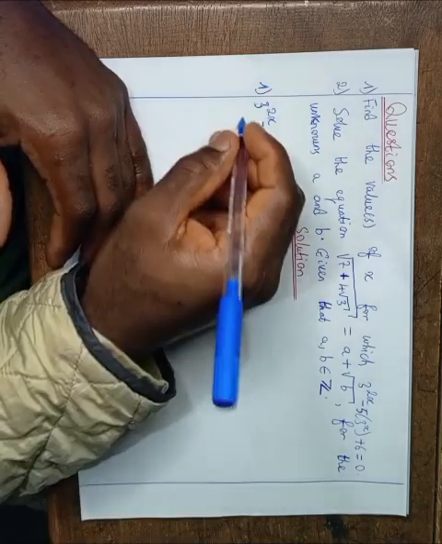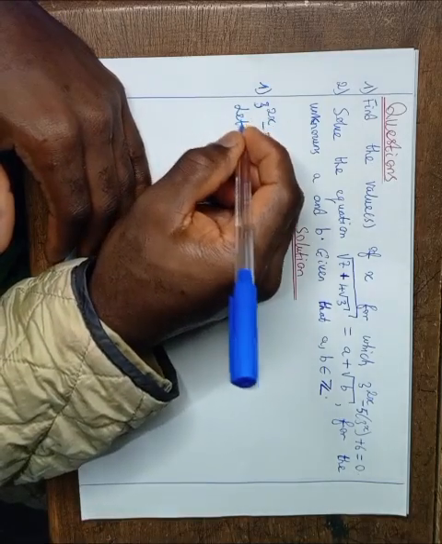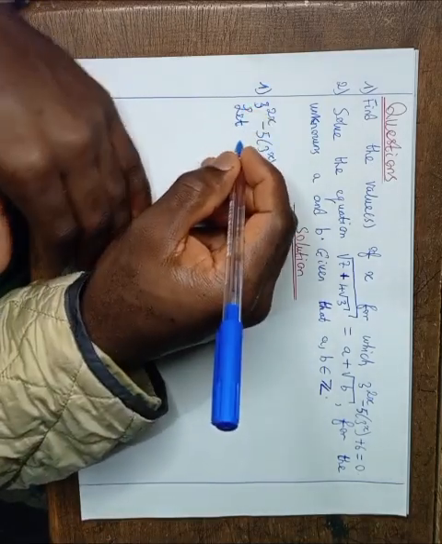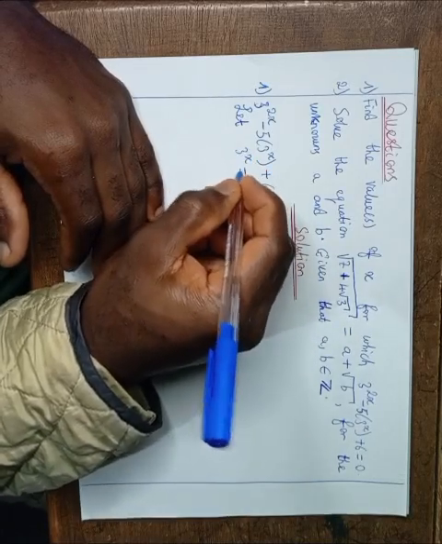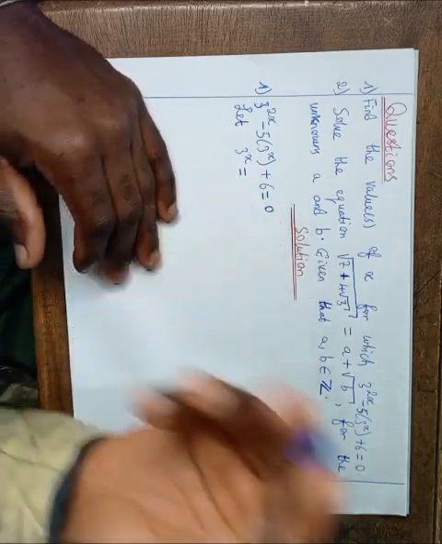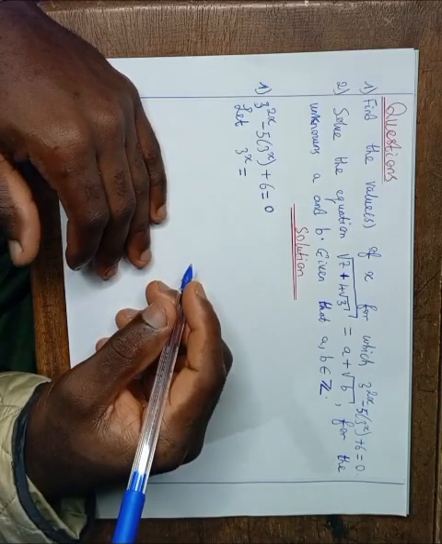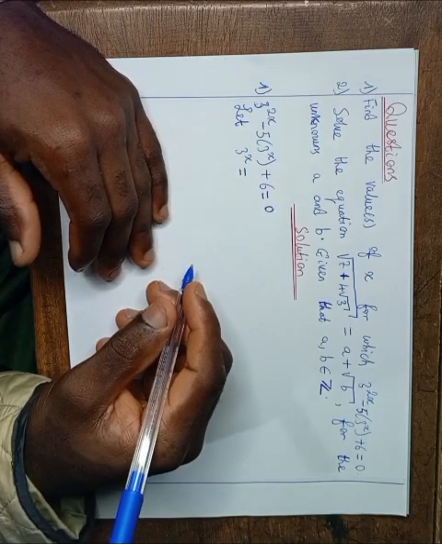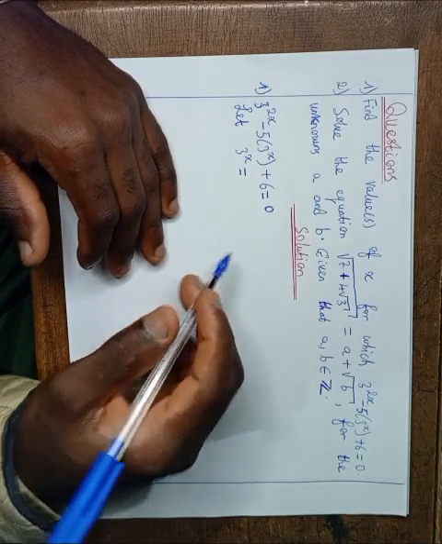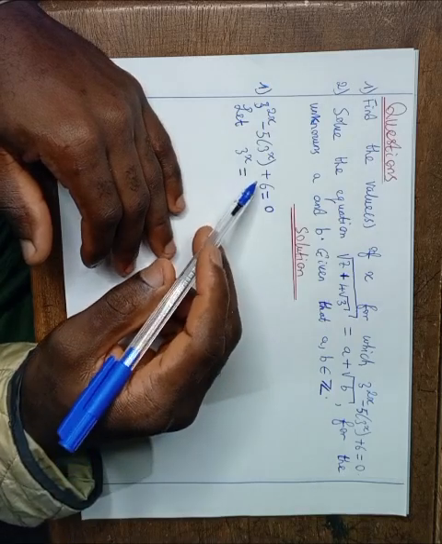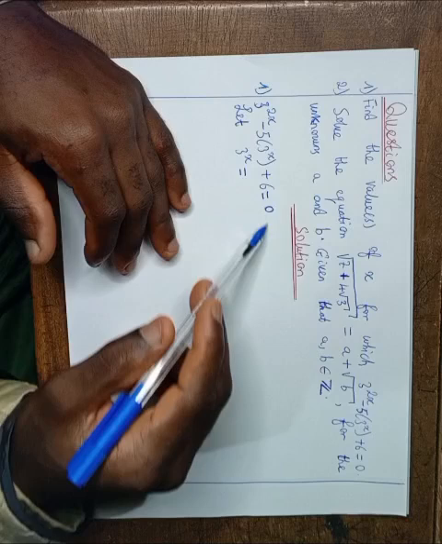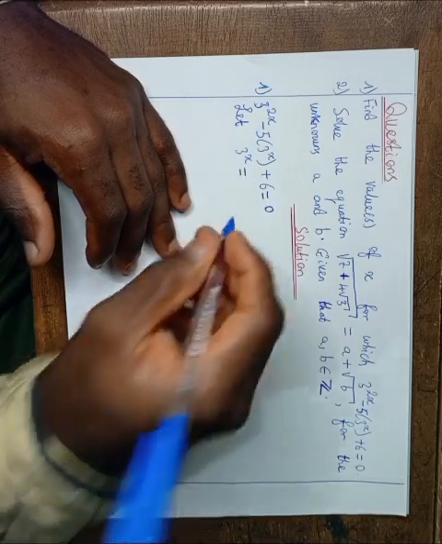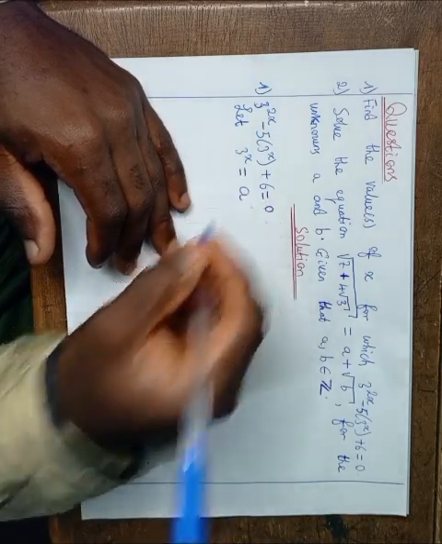So we are going to start by saying let 3 raised to the power x be equal to any variable of our choice. That means any letter of our choice, but the letter should be different from x, since this equation is in terms of x. So we can make use of the letter a.